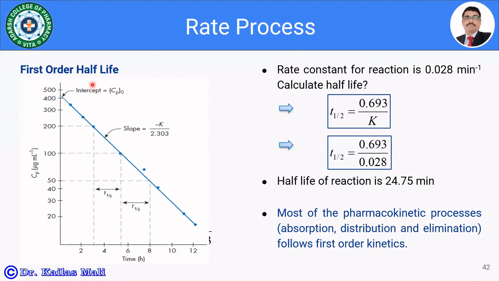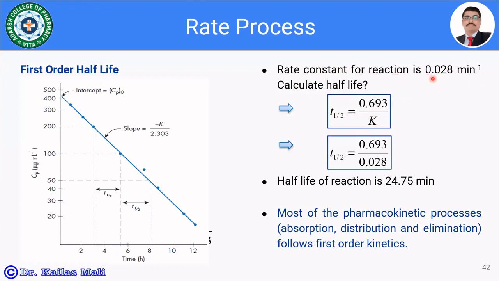Let us see one example. Say for example, the rate constant for a reaction is given as 0.028 per minute. Now calculate the half-life. As we know, the equation for the first order is T half equal to 0.693 upon K. So here the reaction is going to follow first order. It is not given over here.